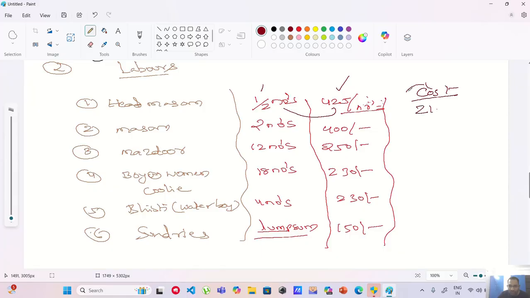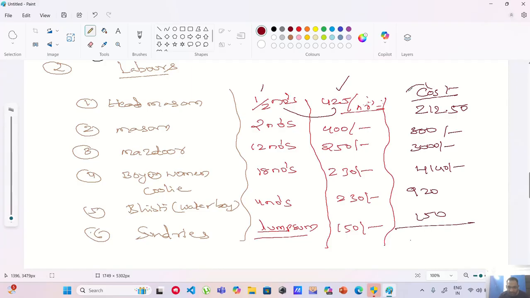So 212.50, and 400 into 2 is 800 rupees, and this is 3000 rupees. And next one for boy or woman coolie, it is 4140 rupees, and this is 920 rupees when you multiply this. And finally this is 150.